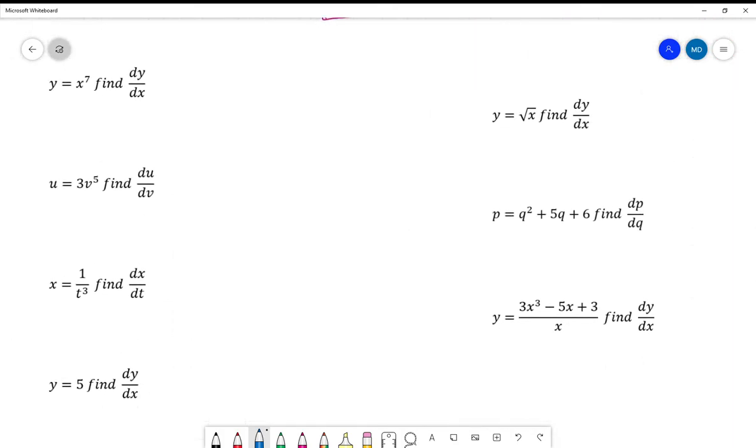There we go. Okay, so let's actually see how that works in practice with 7 different questions. So here we have y equals x to the power of 7. And our power rule tells us that dy by dx is going to be equal to, we have to multiply by that power.